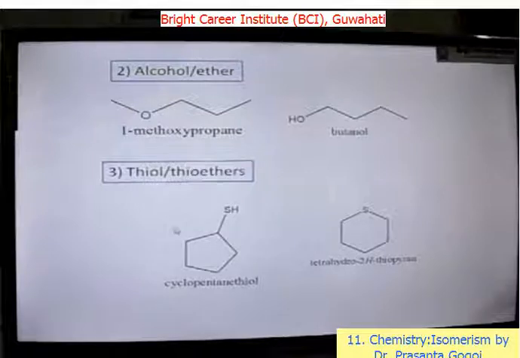This is an example of a thiol and this is an example of a thioether. Their functional groups are different: this group is called thiol and this group is called thioether. So they belong to functional isomers.